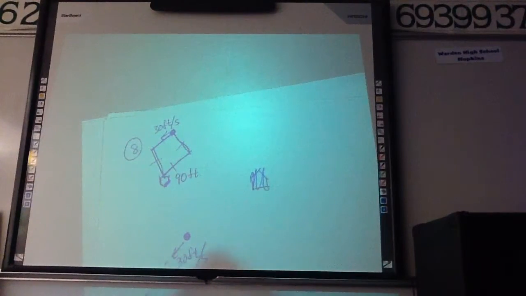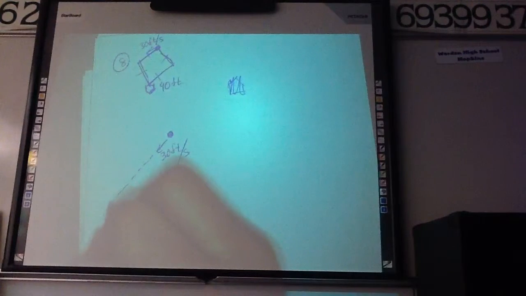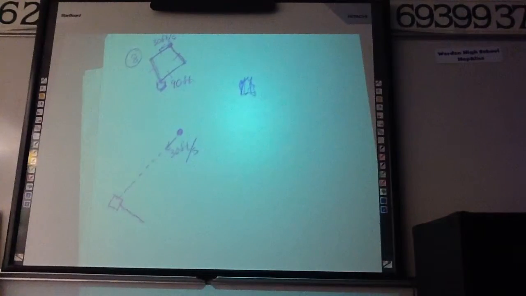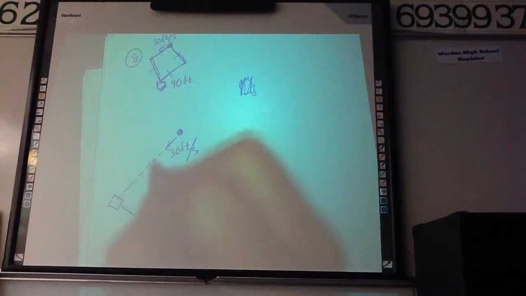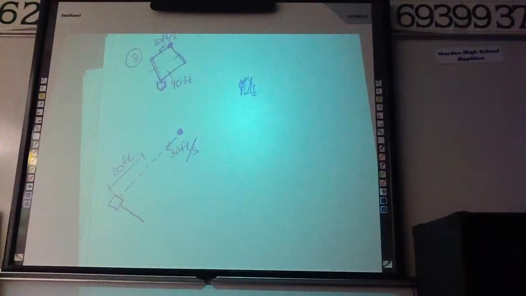Here's the baseline. Here's third base before he goes home. It says at the instant when he is 20 feet from third base. Does it even take up 3 seconds? 30 feet per second. 20 feet from third base.